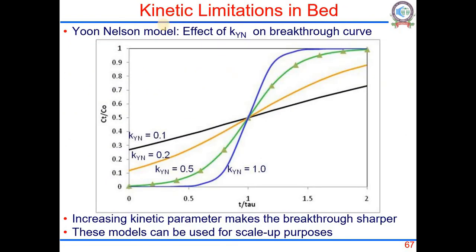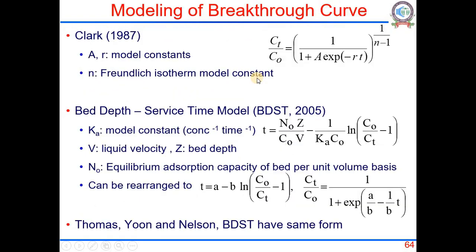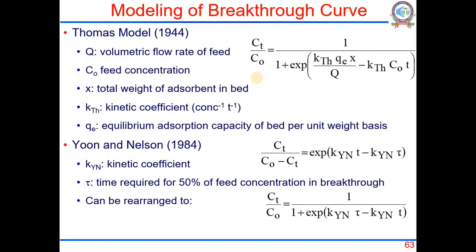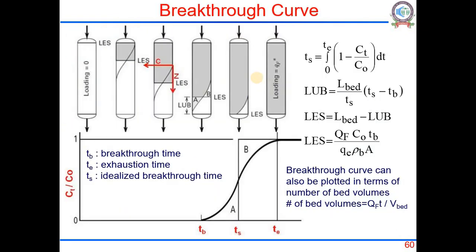The more mass transfer resistances are eliminated, the sharper the breakthrough is going to become. Operate the bed at higher and higher velocity, eliminate the external mass transfer resistance, reduce the particle size, but the penalty is pressure drop, and the breakthrough would become sharper and sharper. The advantage of breakthrough becoming sharper is that the length of the unutilized part of the bed becomes smaller and smaller.